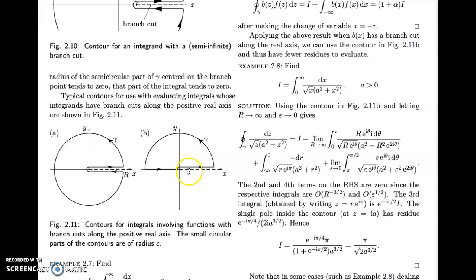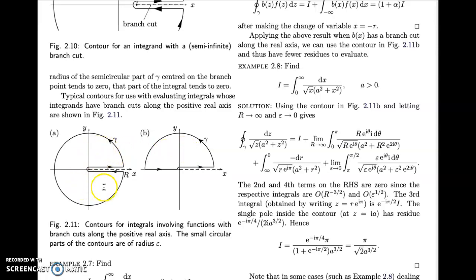If you've got a branch cut along the real axis only, these are two typical contours that people use. When we come to it, I'll explain which one is easier to use in which cases. It just saves some work. Basically, if you can, you probably want to use this one, if it ends up giving you the integral you want, because generally you'll have half the number of residues to evaluate.